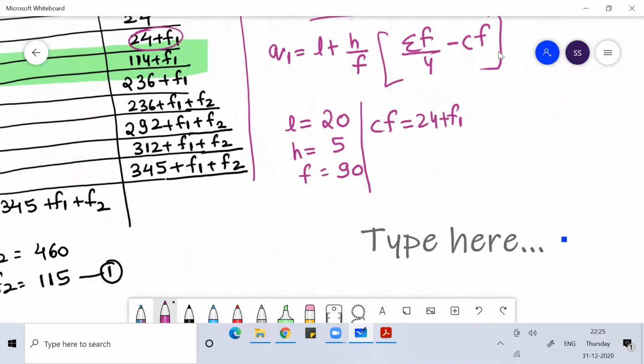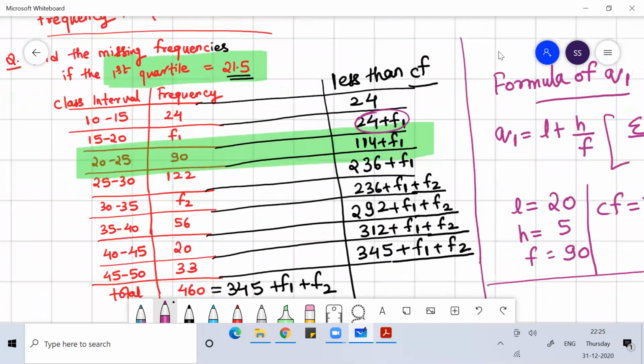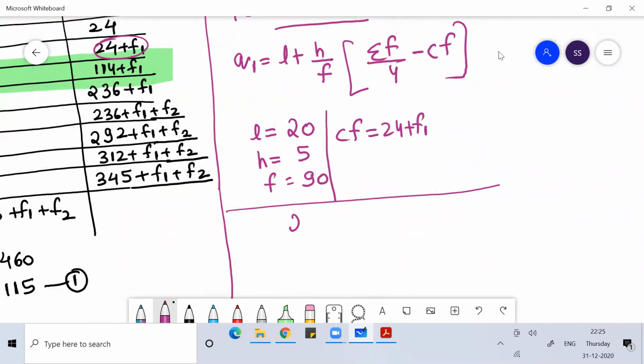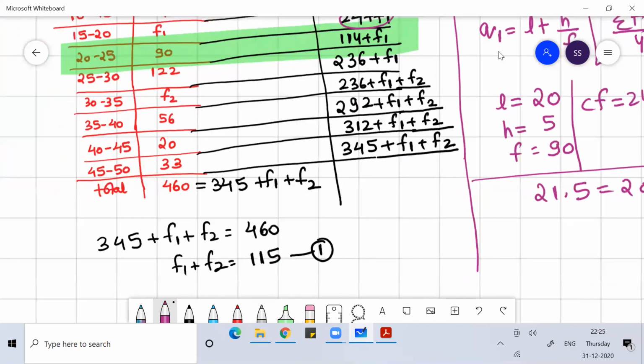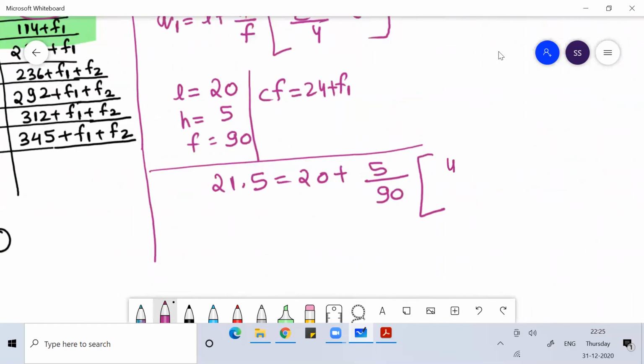Now the whole process is very easy. Q1 you already know, it is given to you as 21.5. So Q1 is 21.5, L is 20, H is 5, F is 90. Sum of F is given to you as 460. So 460 by 4 minus the cumulative frequency before, that is 24 plus F1.